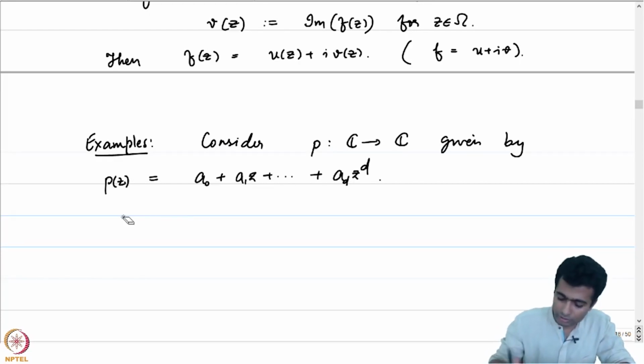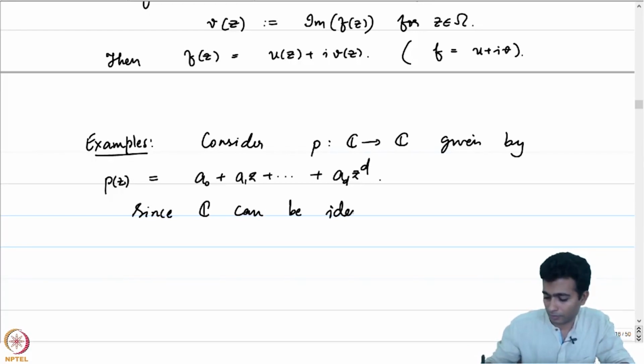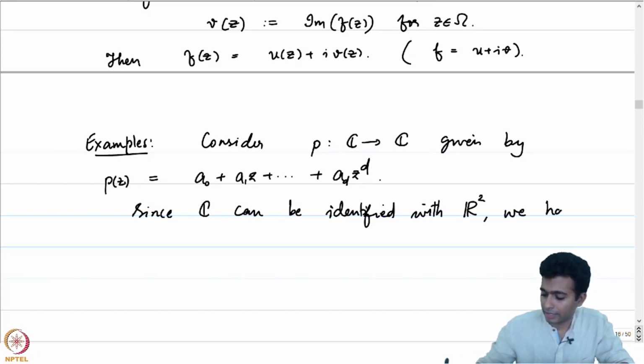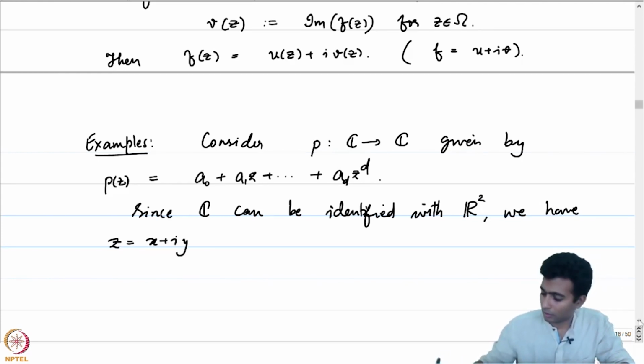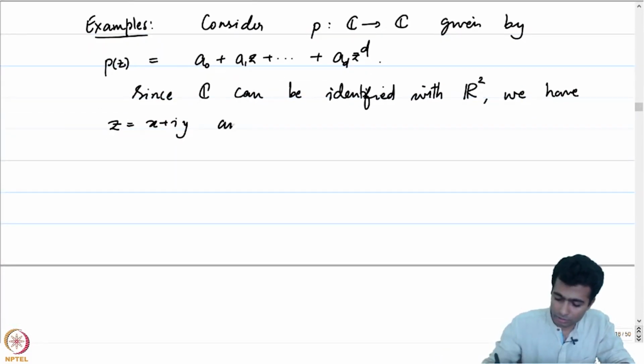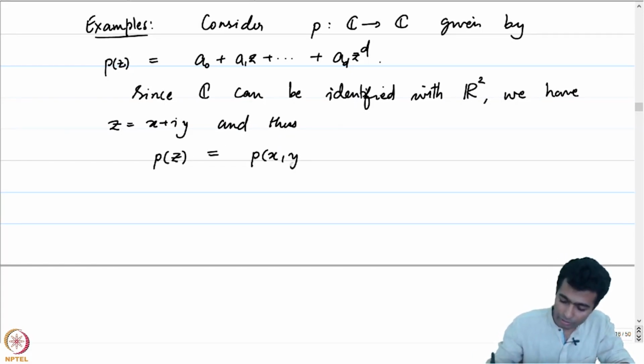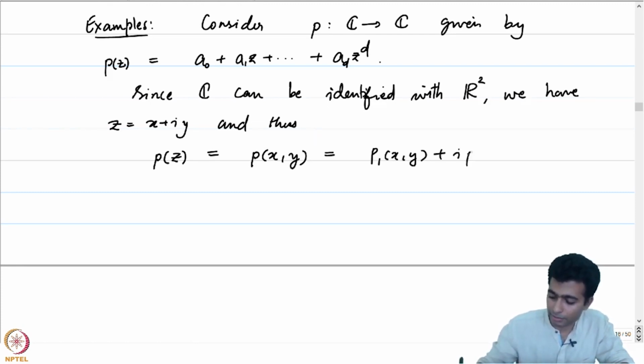Since C can be identified with R2, we have z is say x plus iy, and thus P of z can be thought of as a polynomial in these two variables, which is captured in P1 of x,y plus i times P2 of x,y.